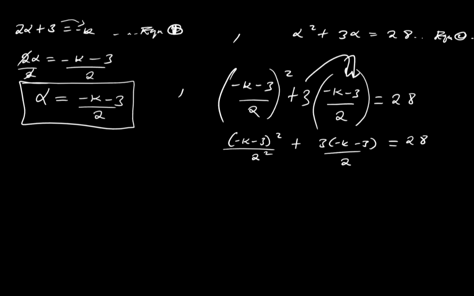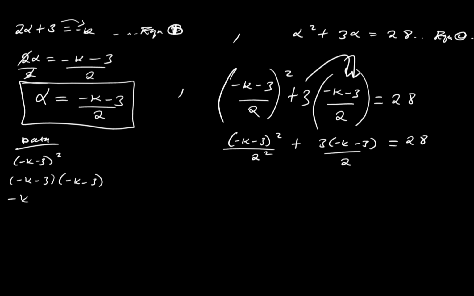With that in mind, I can expand this like a square. We're having minus k minus 3 squared. So this is minus k minus 3 times minus k minus 3.